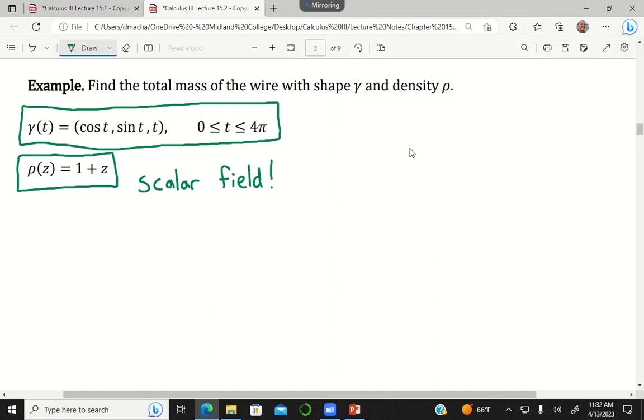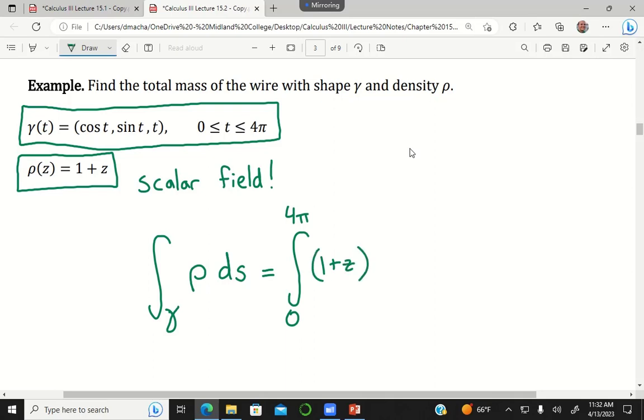So what we would do if we want to find the total mass of this wire is we would take the integral over gamma of rho ds, but that is going to be the integral from 0 to 4 pi of 1 plus z times the square root of, well, first of all, I have to figure out the derivative with respect to t of cosine.